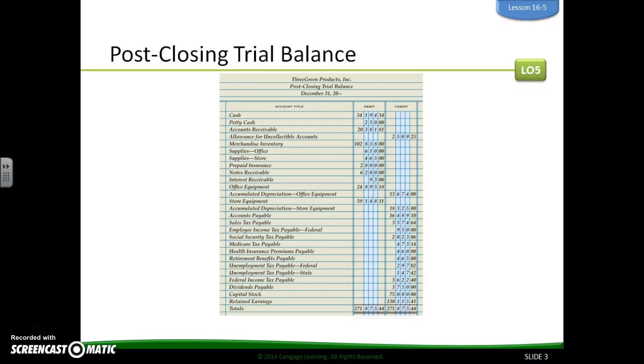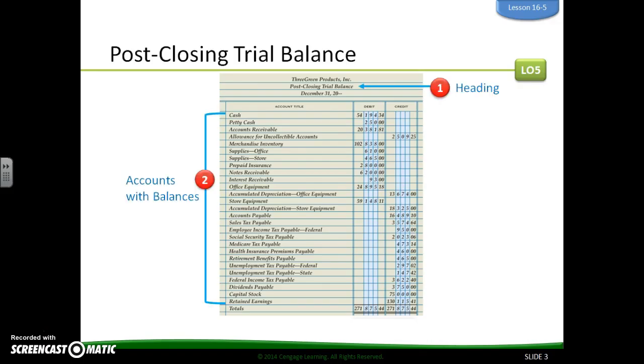All of the revenue, cost, and expense accounts, and even the dividends account, should have zero balances. It should list all of the balance sheet accounts in the order they're listed in the chart of accounts. Debit balances are listed in the first column and credit balances in the second column, and the debits must equal the credits.